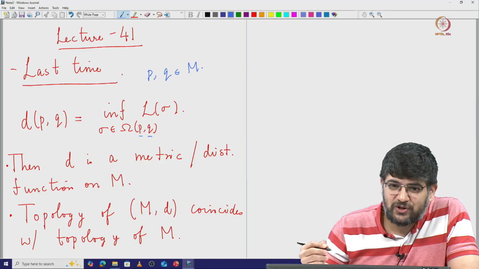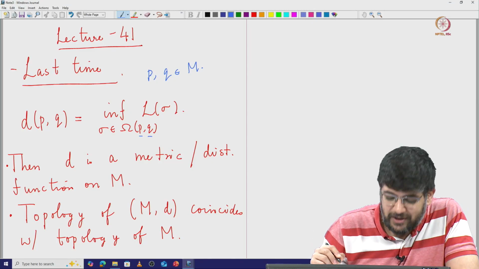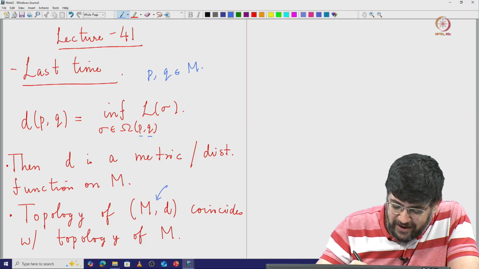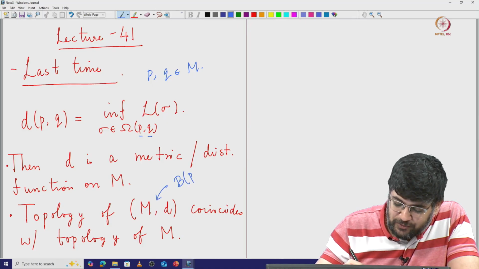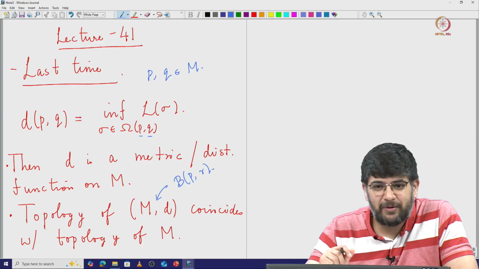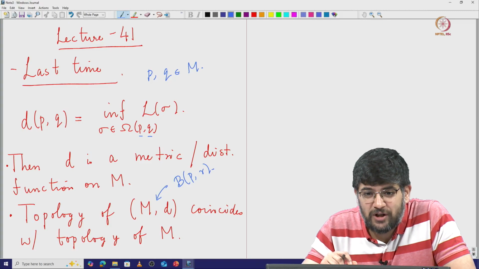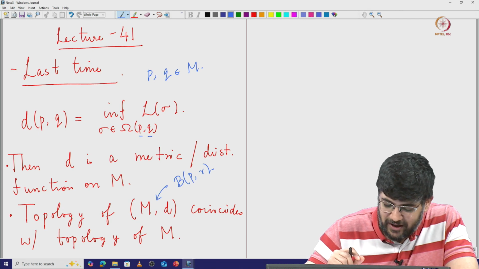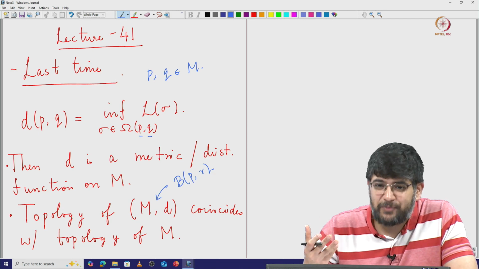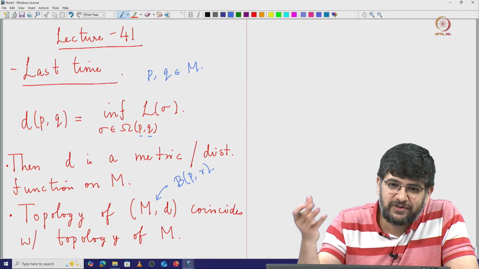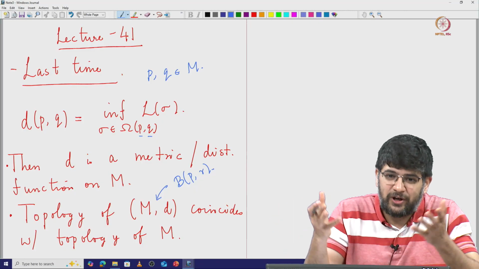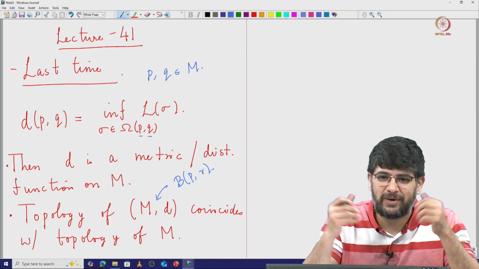And in fact we saw that the topology on M with this distance function is basically induced by these balls, metric balls, which form a basis for this topology. It turns out that this metric space topology actually coincides with the existing topology on M as a smooth manifold, right. So M already has a topology since it is a smooth manifold.